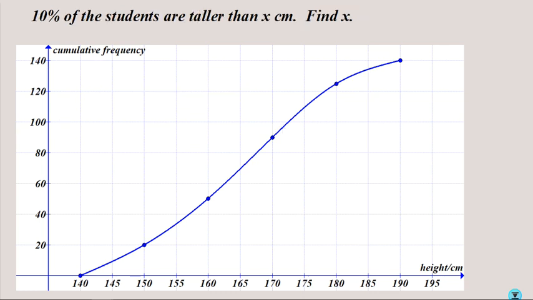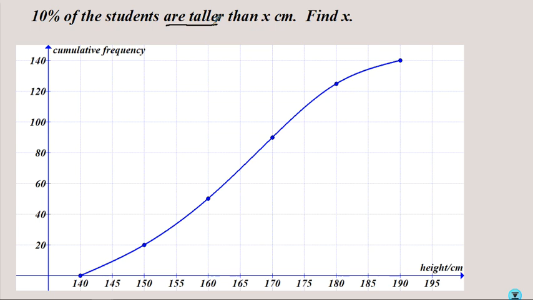If someone says that 10% of the students are taller than X, we are looking at the top 10%, because the key is they are taller than X centimeters. And 10% of 140 is 14.